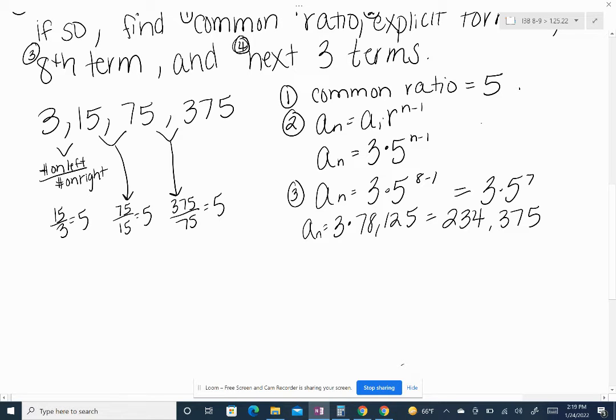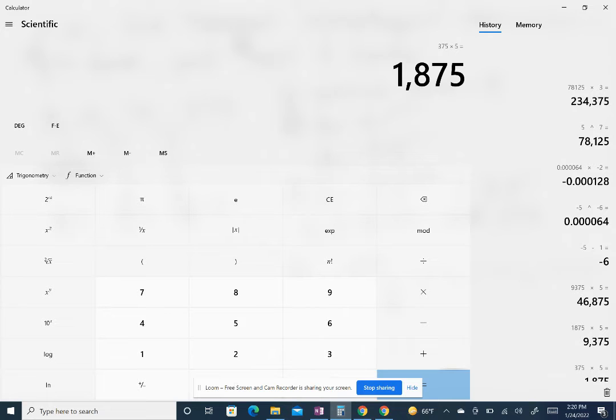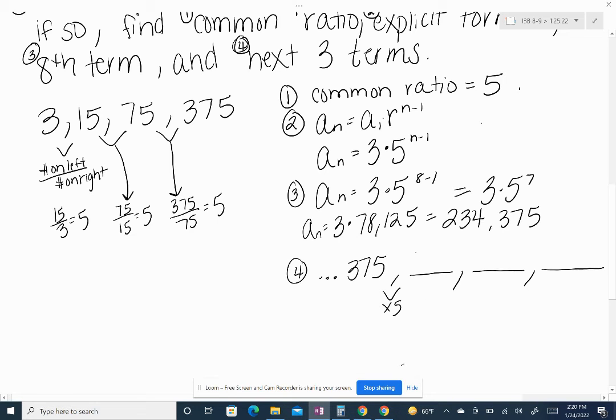Okay, and then the next 3 terms. We know our last term is 375. In order to continue the pattern, we have to multiply the next numbers by 5. So it's dot, dot, dot, 375, then a next term, next term, next term. Multiply that by 5: 1,875.